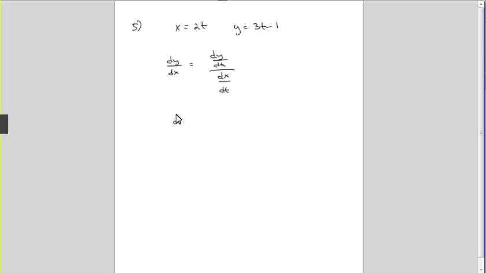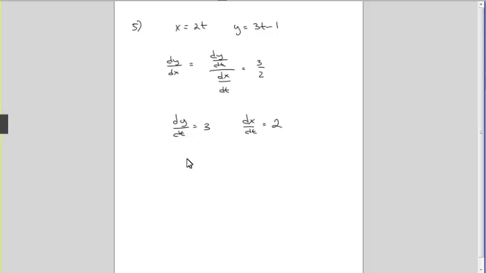So let's go ahead and calculate those. dy/dt is 3, and dx/dt is 2. So the ratio of those two is 3 halves. So that's the slope. It's a straight line, and a straight line has a constant slope.